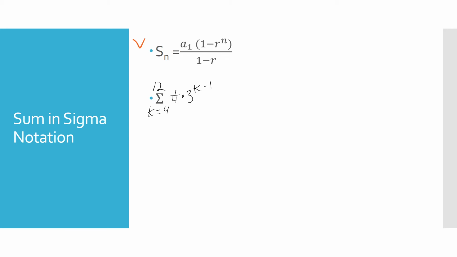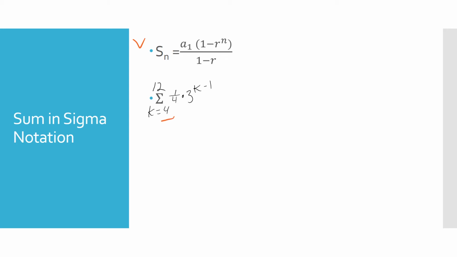If you go back to the previous video, you may recall I talked about factoring out the A1 so that I could have the sum of the series equals A1 times (1 minus r to the nth power) over 1 minus r. Now let's look at the sigma notation and what it means.